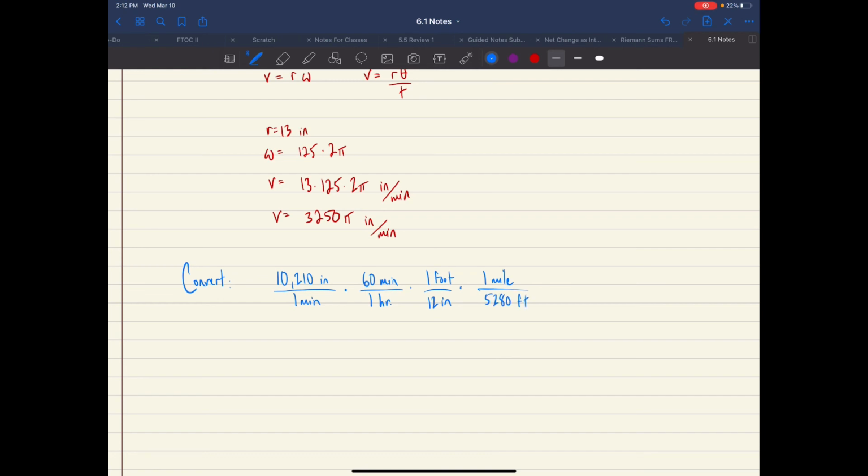And if we multiply that all out and cancel units, it'll give us the correct thing. So let's see here. Cancel minutes, inches, feet. And now we're just left with miles per hour. If I do all of that, this comes out to approximately 9.66 miles per hour, which is not very fast, but is a realistic speed for a bike.